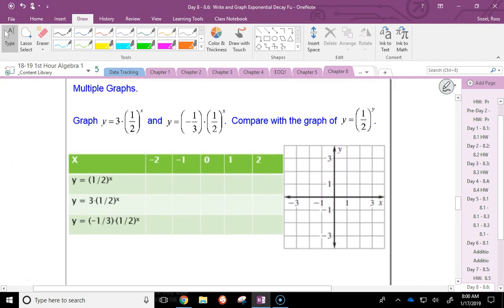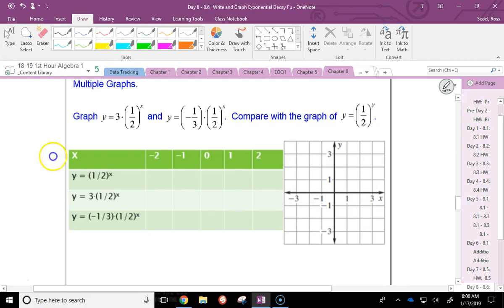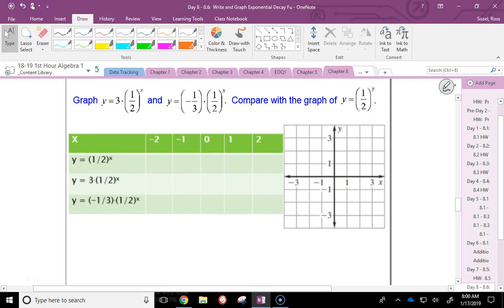Multiple graphs. This is the one that, once again, kind of like yesterday, we're going to be comparing here in a second. So, first, graph y equals 3 times 1/2 to the x power. And we're comparing them. We want to compare all of them with this one.